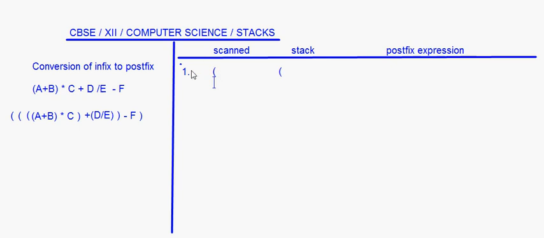The second one is again a bracket, that also goes into the stack. Third one, again an opening bracket. The basic thing is when you put your parenthesis right, then there is very less chance of you going wrong in this. But if the parentheses are not put properly, then it can lead to some confusions.